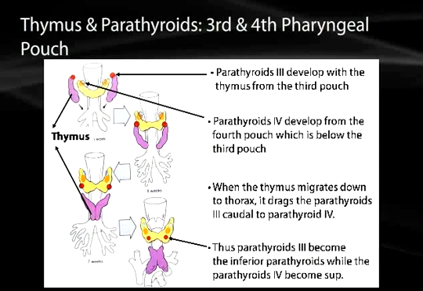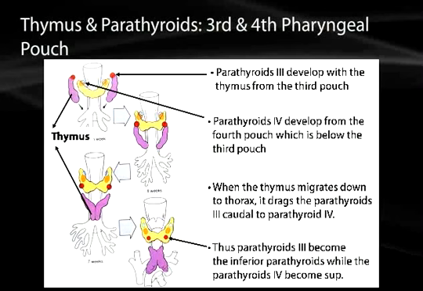Here's a graphic to show the thymus and the parathyroids and how they'll change positions relative to the superior and inferior parathyroids. The thymus in purple will start migrating down into the mediastinal regions, whereas the thyroid gland and the superior parathyroids will stay anchored around the developing trachea after that tracheoesophageal bud comes off and starts dividing.